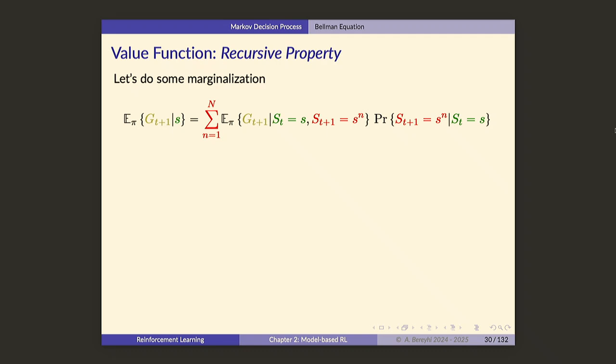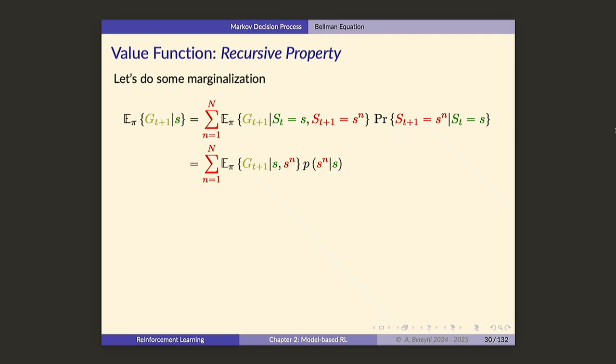Now, I assume that I have gone to another state. I compute the expected return, and then again for another state, expected return, and so on. And then I average everything up, right? Cool? Everybody's clear? Questions?